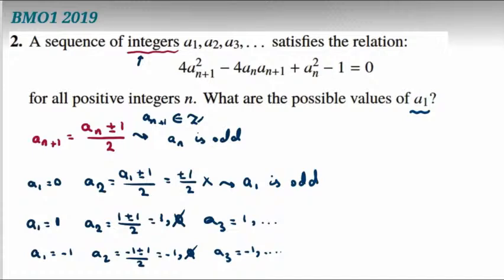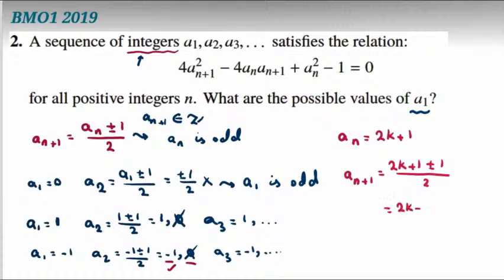And now I want to say always one of them is even, one of them odd, and we select the odd one. So let's check it. For example, suppose AN is odd, 2k plus 1. I want to say AN plus 1 can get two cases, one of them even, one of them odd. It will be 2k plus 1 plus minus 1 over 2.